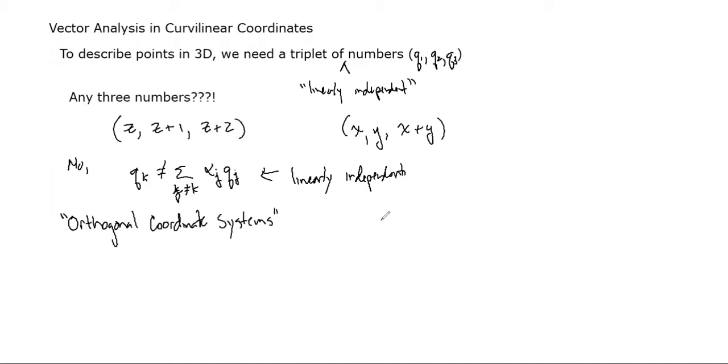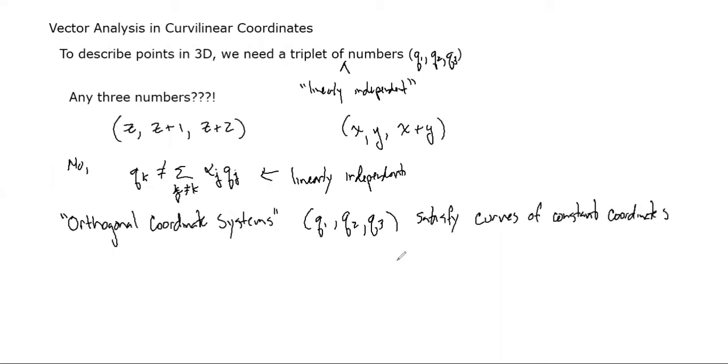Orthogonal coordinate systems, so let's say we have some Q1, Q2, Q3, means that at some point lines of constant Q1, Q2, or Q3 intersect at right angles, which is the low budget way of saying they're orthogonal.